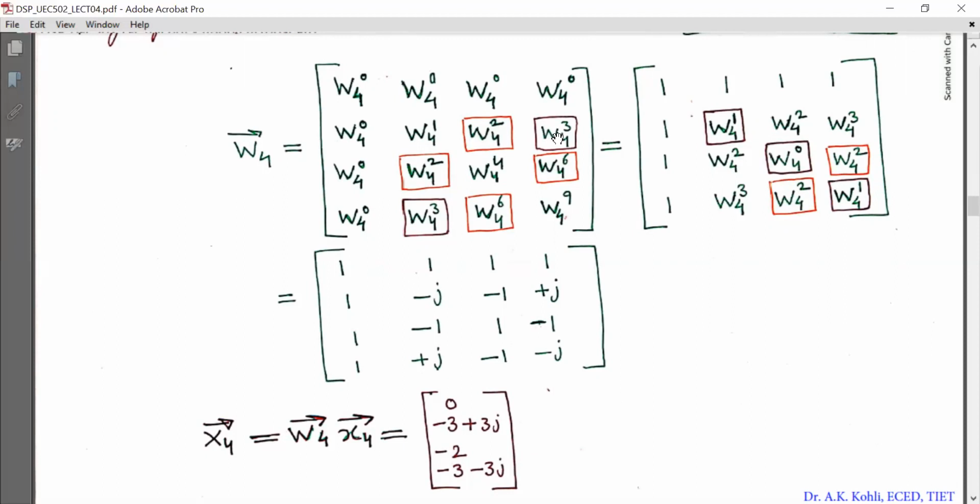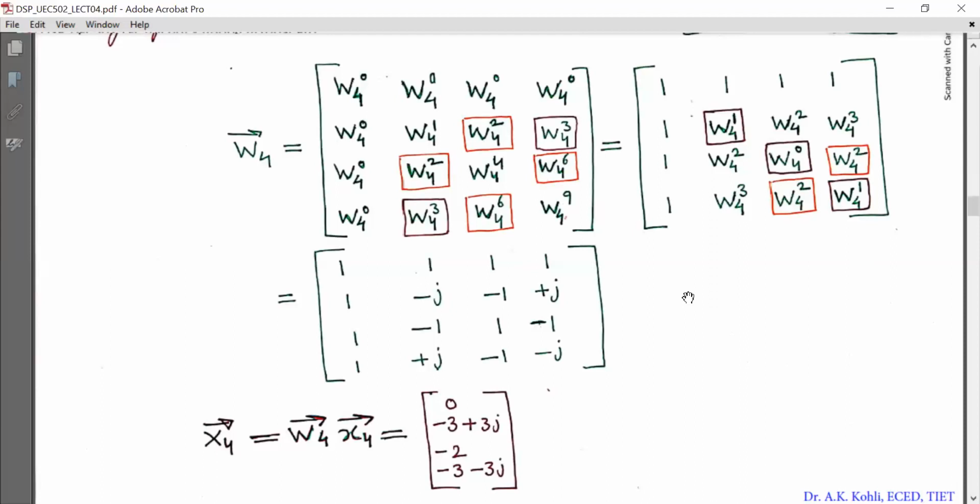Similarly, W raised to power 3 is appearing at 2 places. W raised to power 1, and there is one more twiddle factor, W raised to power 9. By periodicity property, it is converted to W raised to power 1. So W raised to power 1 is repeating 2 times. So we need to calculate each twiddle factor once, and then we can substitute that value at other places in the twiddle factor matrix.